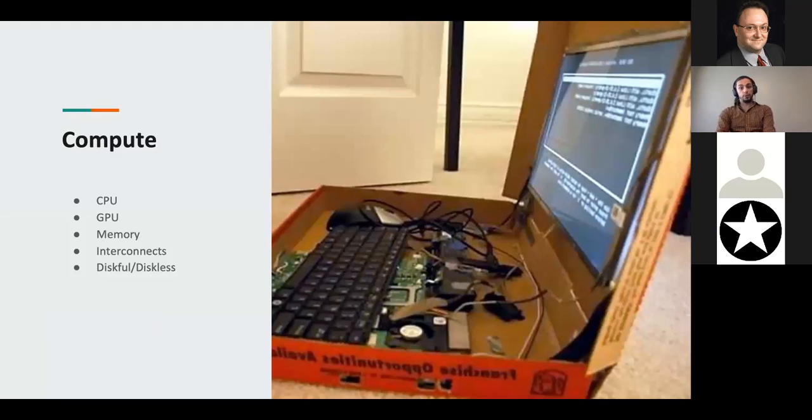For example, at our center, we were running some machines without disks. But then we realized that we were running out of memory. So having local SSDs on our condo machines made sense, because the investment wasn't big once you split the cost among the different PIs as they buy their different nodes.